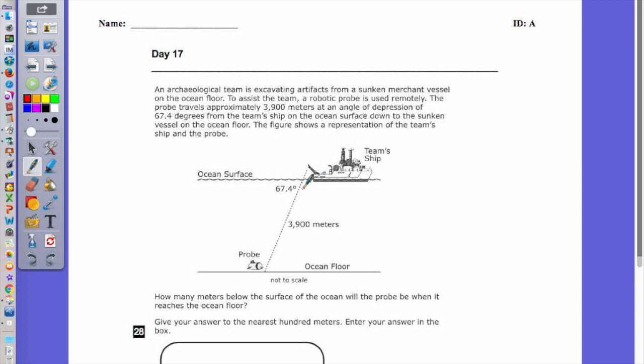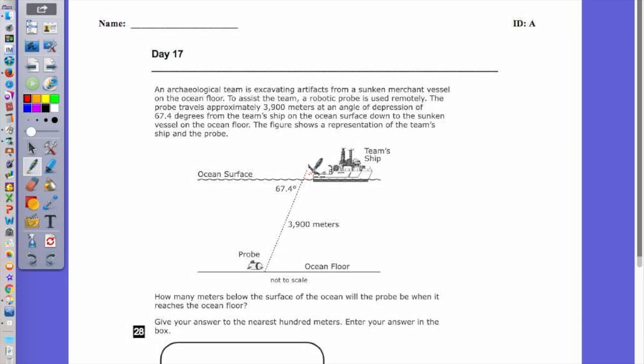The probe travels approximately 3,900 meters at an angle of depression of 67.4 degrees from the team ship on the ocean surface to the sunken vessel. The figure represents the team ship and the probe. How many meters below the surface of the ocean will the probe be when it reaches the ocean floor?